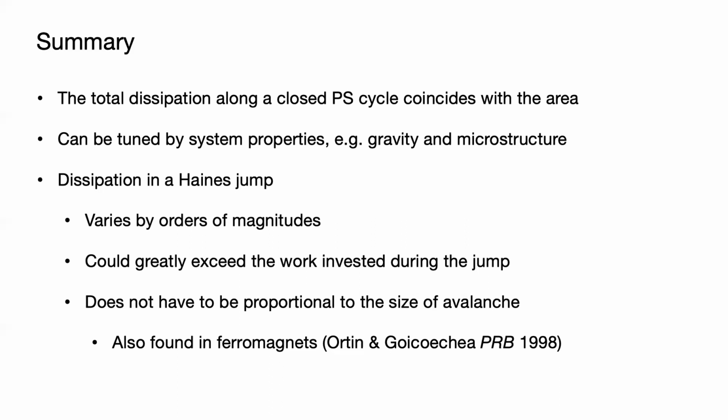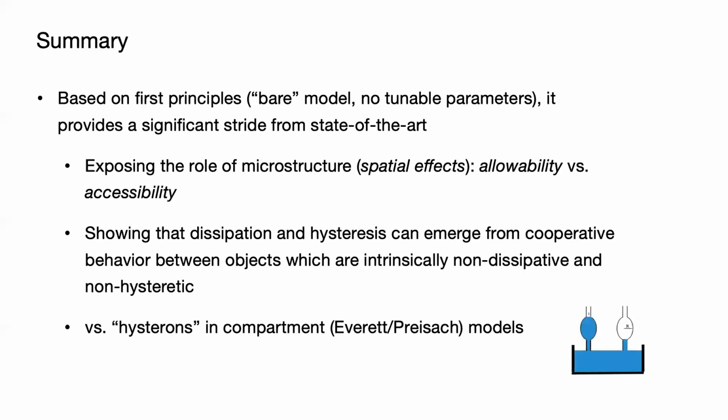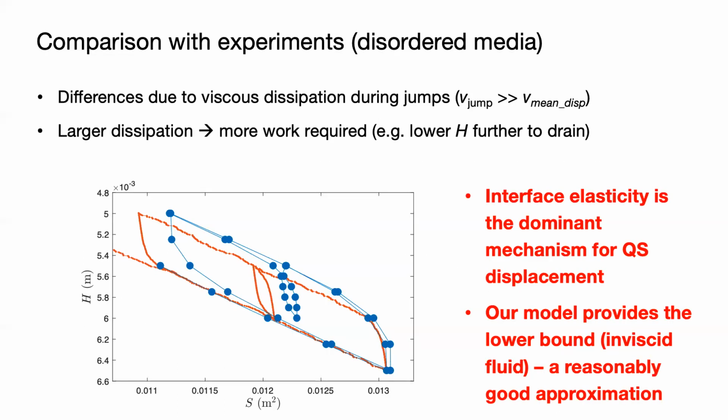The first was a couple of slides before, you said that the difference between the simulation and the experiments was due to this, I didn't really get it, or was it because you had more dissipation during the jumps because of the high velocities? Yes, exactly.